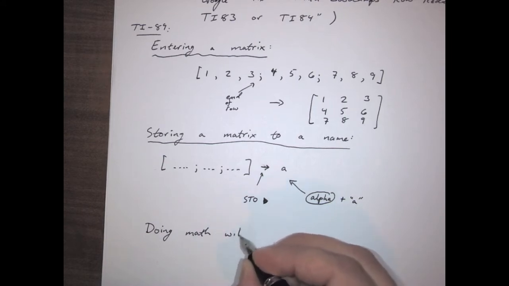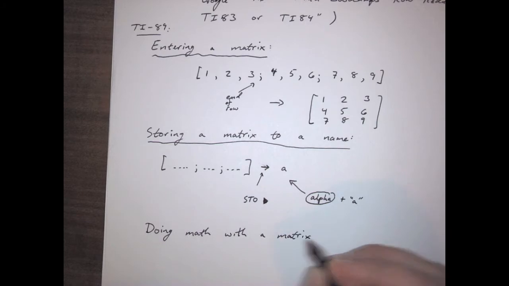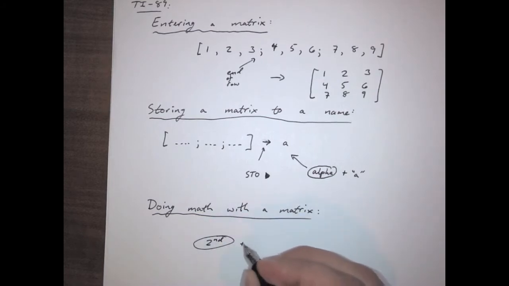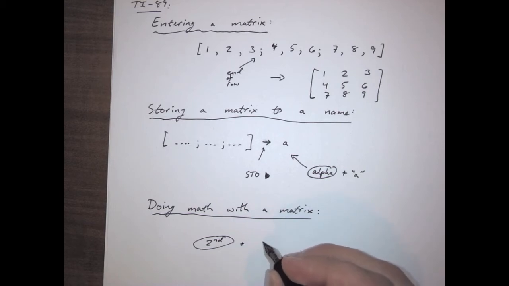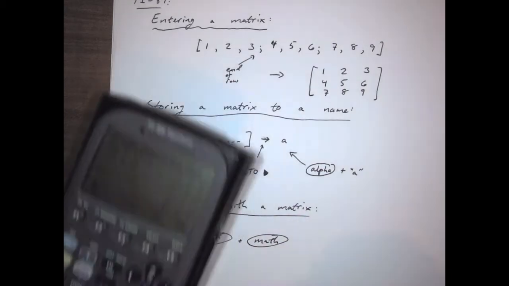Now, doing math with a matrix. Here, what you want to do is hit the math button, so second plus the button that has math on it. That's the 5 button.